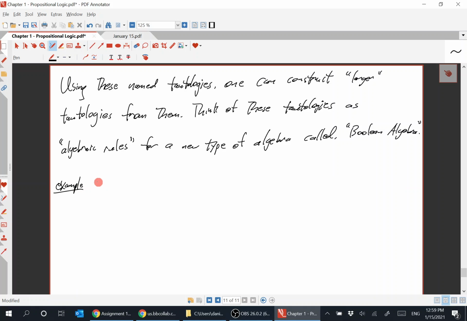Okay, so show that the following is a tautology without using a truth table.